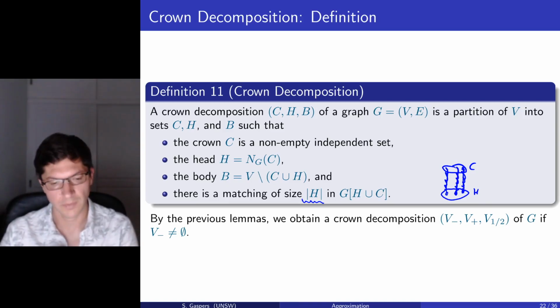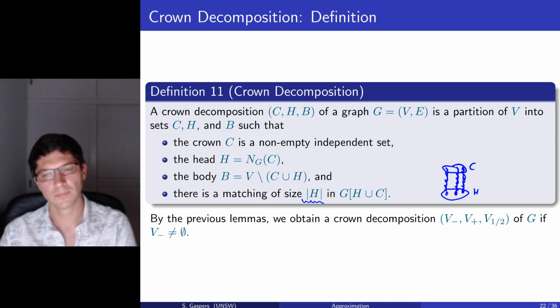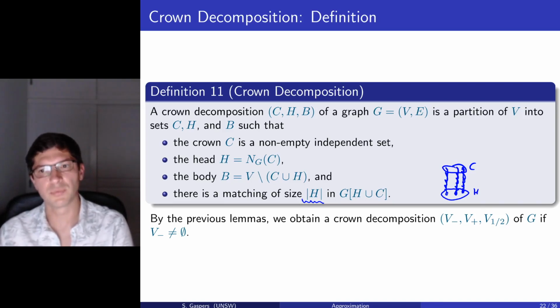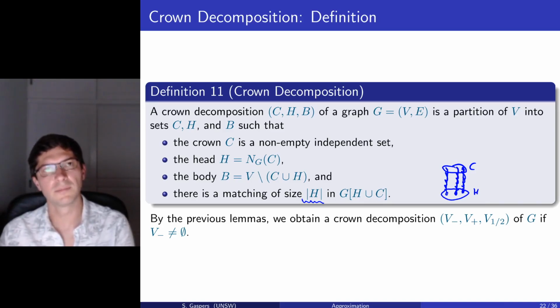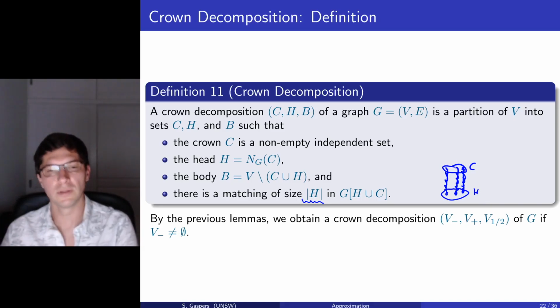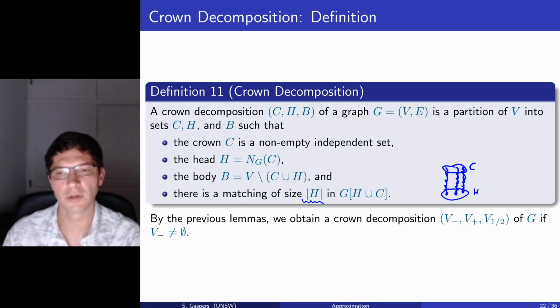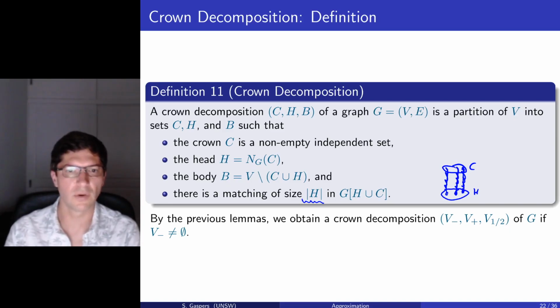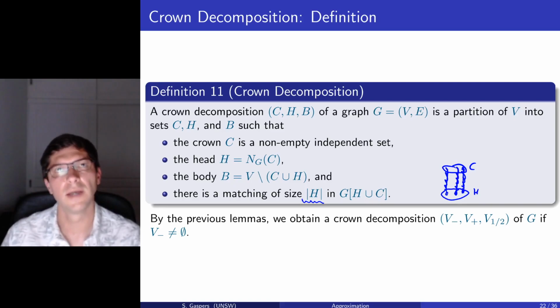Now we can relax it to a linear program that can be solved in polynomial time. If we solve the linear program and V minus turns out to be non-empty, so some variable gets value less than 1/2, then we can obtain such a Quown decomposition. This procedure is all polynomial. So in polynomial time, we either get a Quown decomposition, or we have that all the variables have value at least 1/2.